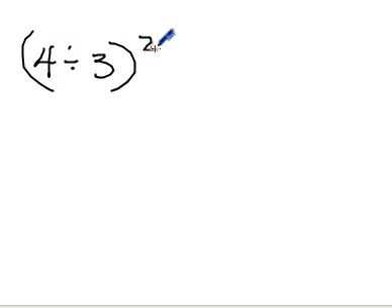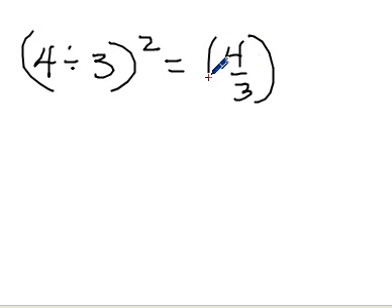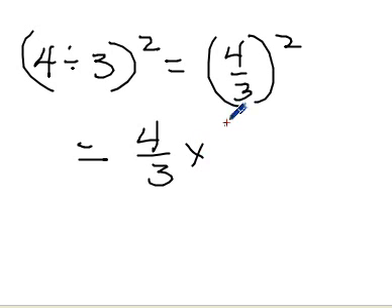Similarly, when you have a quotient, such as 4 divided by 3, raised to a power, that's going to be the same as 4 divided by 3 raised to a power, which would also be the equivalent of 4 thirds times 4 thirds.